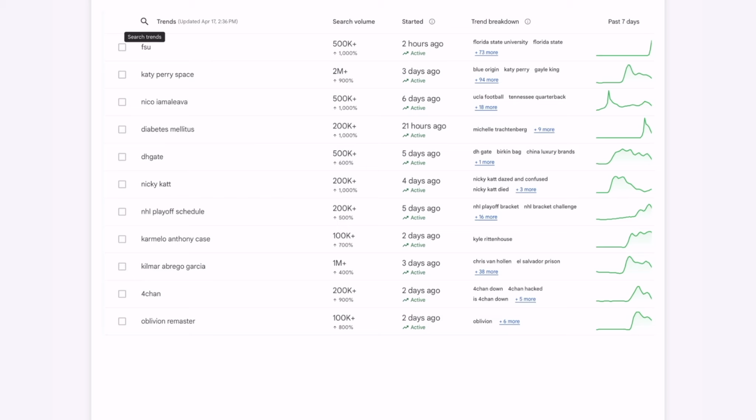Okay, on a lighter note, the next line is Katy Perry in space, because she went to space a couple days ago, in Jeff Bezos's rocket, I guess. And why is 4chan on the list? Glad I'm not on that list.